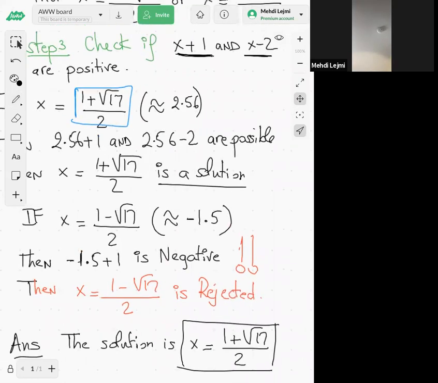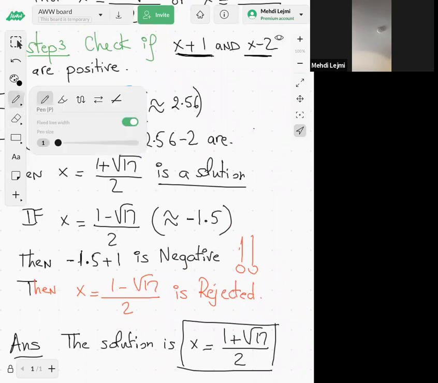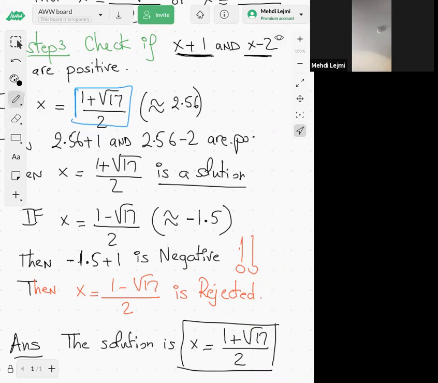Here I meant, of course, that they are positive: the 2.56 plus 1 and 2.56 minus 2 are positive, so they're okay. That's why 1 plus square root of 17 over 2 is actually a solution.